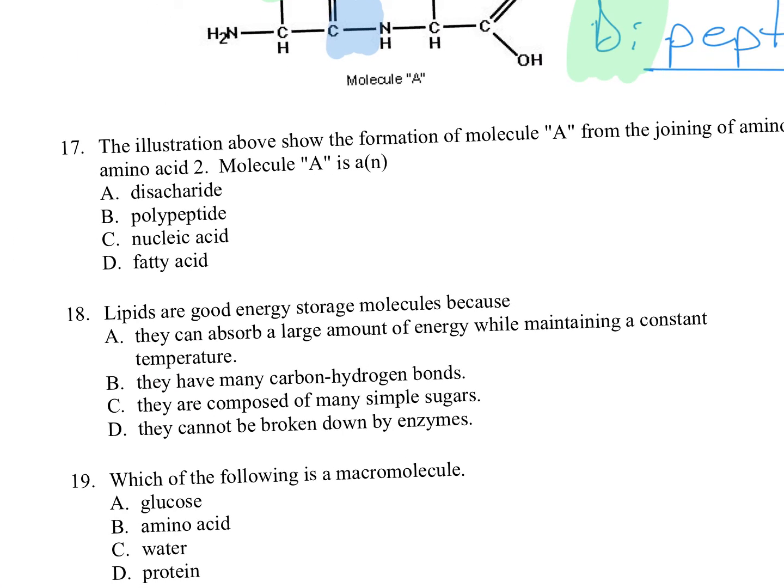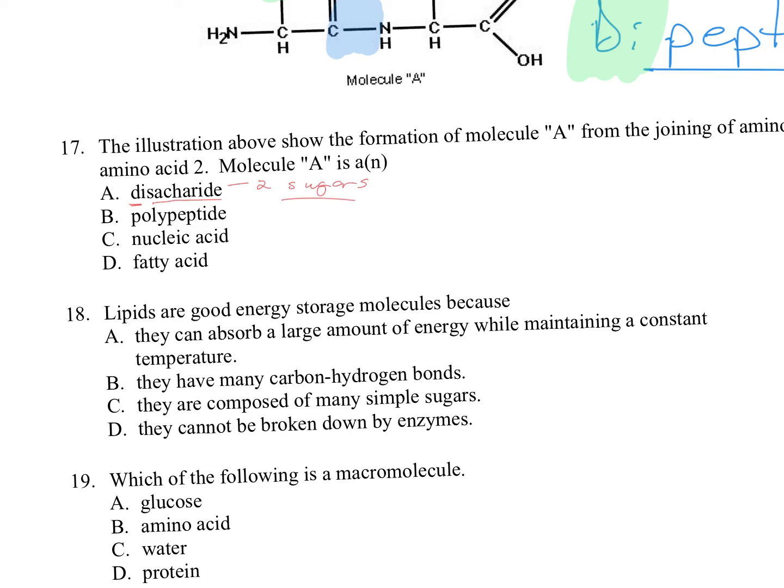The illustration above shows the formation of molecule A from joining two amino acids 1 and 2 together. This is a what? Is it a disaccharide? What's a saccharide? Sugar. So is it two sugars?